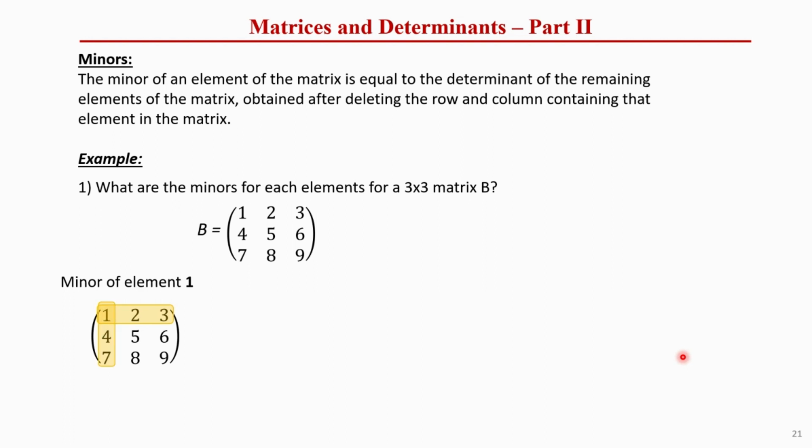In doing so, we are left with a 2 by 2 matrix, of which we want to calculate the determinant. That would be the minor of element 1, right?